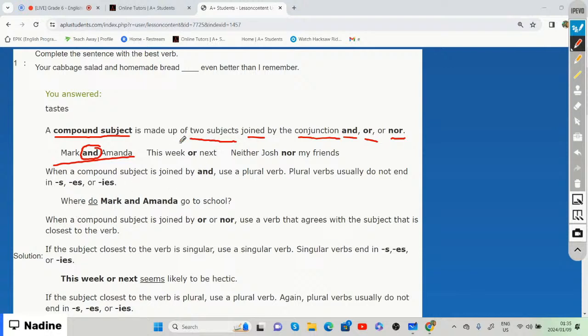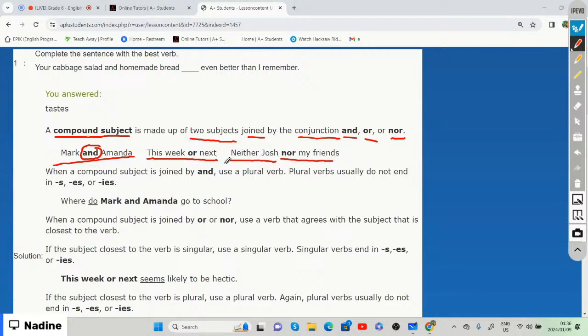We have a subject this week or next. Or is our conjunction that joins these two subjects, this week or next. Neither Josh nor my friends.